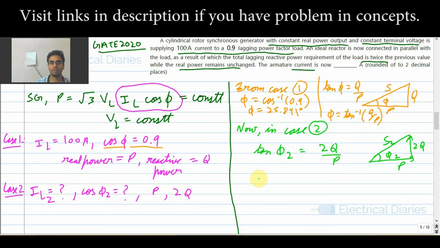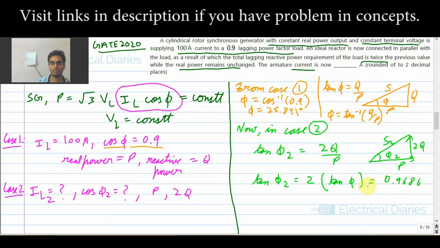Now tan phi 2 is 2 into Q by P. Q by P is tan phi, and tan phi is 0.484, into 2, so it will come out to 0.9686.